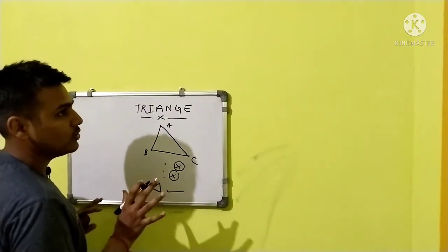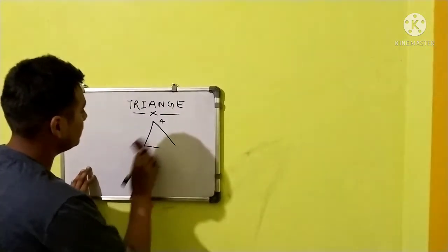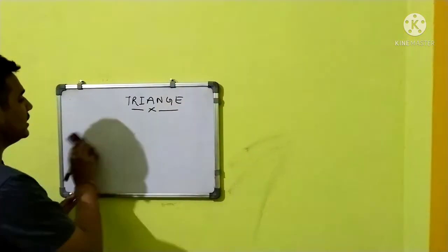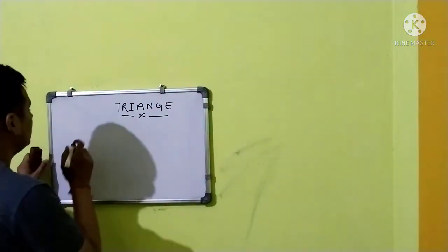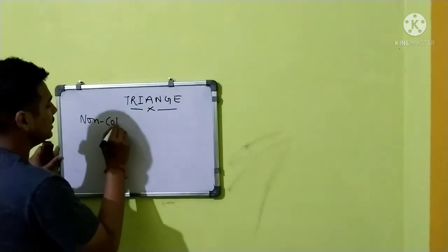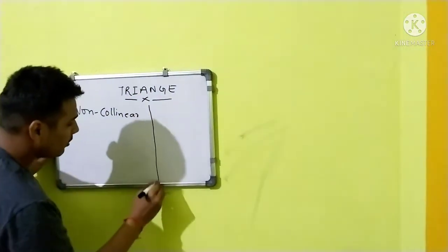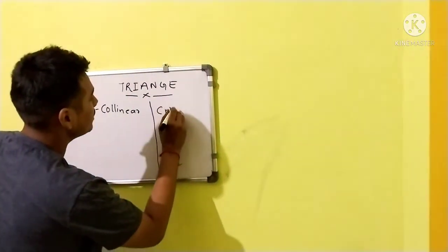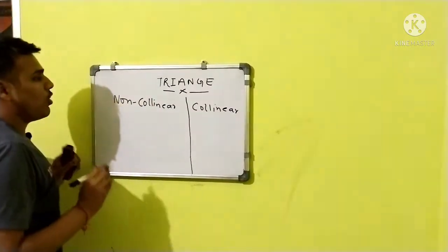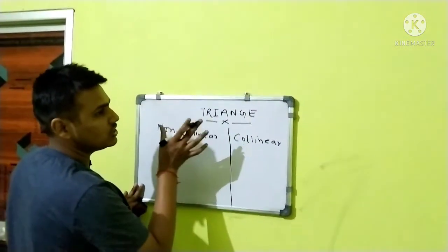Is it clear? Then we will move on to the triangle and its types, collinear and non-collinear, in a separate way. In the first column we study non-collinear, and in the second column collinear. We have discussed that to make triangles we need at least 3 points.